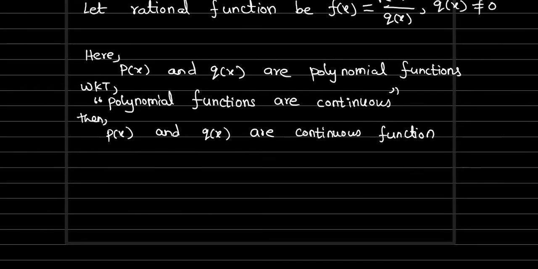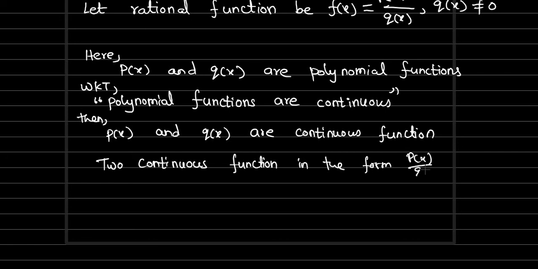Here we are saying p of x and q of x are continuous functions. In the algebra of continuous functions, the fact says that any function in the form of p by q of two continuous functions is also continuous. So p of x by q of x is also continuous.